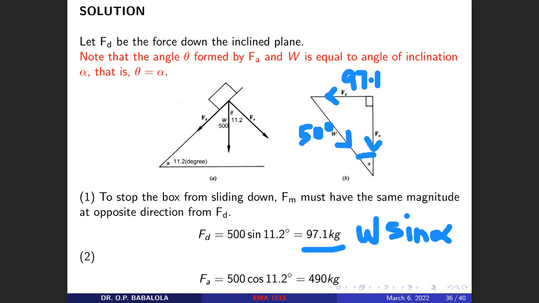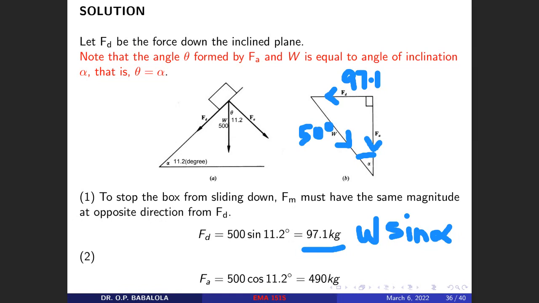That's another key thing you must know when you're doing computation. Let's say you're given a side in the standard unit, maybe in Newton, and another one in kilogram, then you need to make a conversion to keep the standard unit constant. All right. So I just needed to say that.